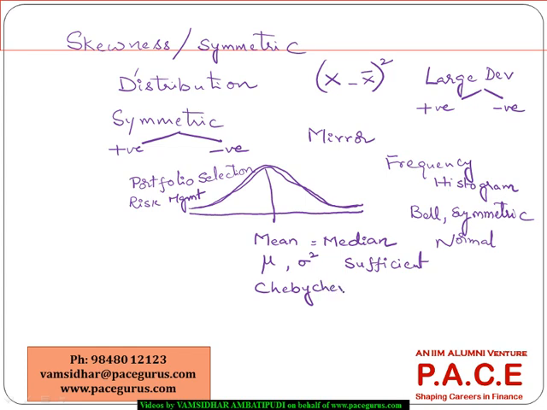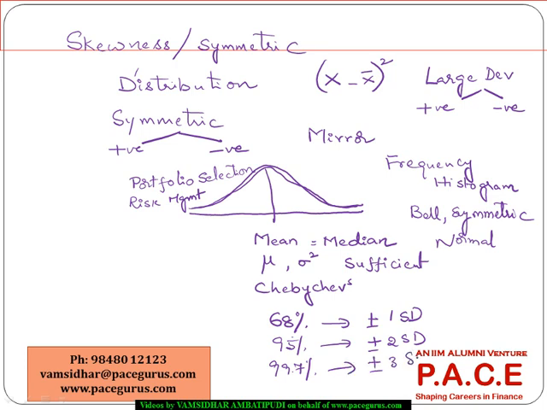A more improved result over Chebyshev's inequality is that roughly around 68% of the observations fall within plus or minus 1 standard deviation of the mean, 95% of the observations within plus or minus 2 standard deviations of the mean, and close to 99.7% of the observations within plus or minus 3 standard deviations of the mean. So some interesting things can be brought out if I can see that my data is normally distributed.